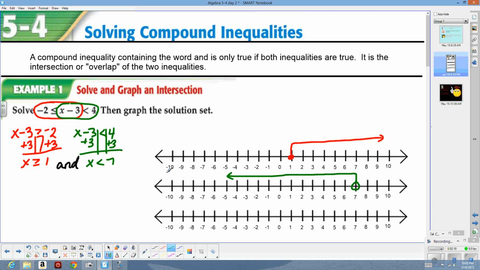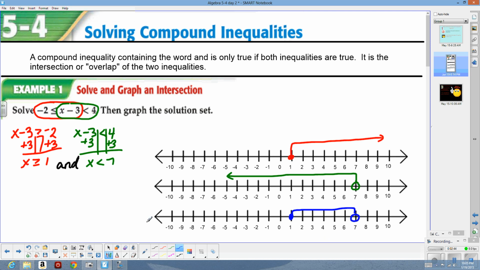And now since this is an "and" compound inequality, we want the overlap or the intersection of these two. So if you visualize putting these two on top of each other, the part where they overlap is a filled in circle on the 1, an open circle on the 7, and the numbers in between there are a solution.